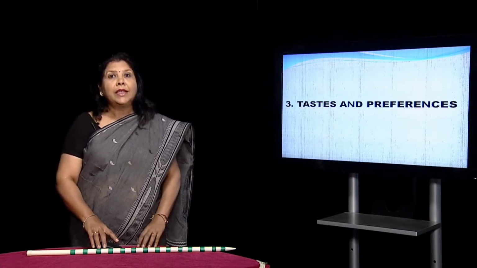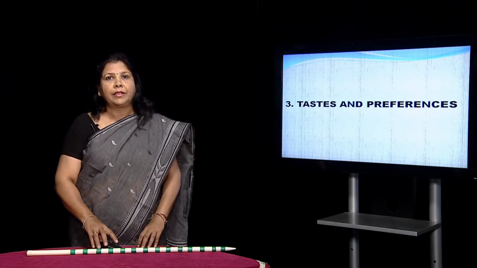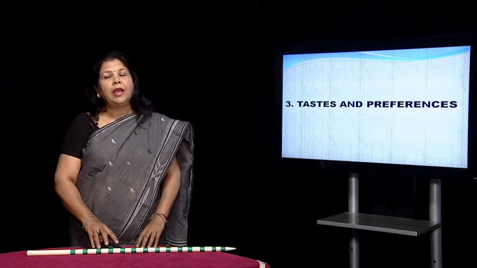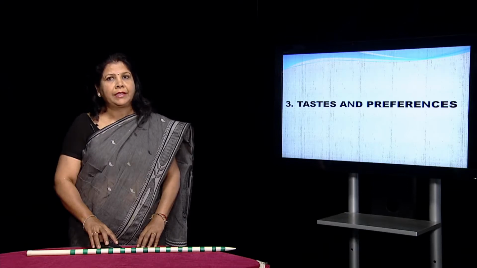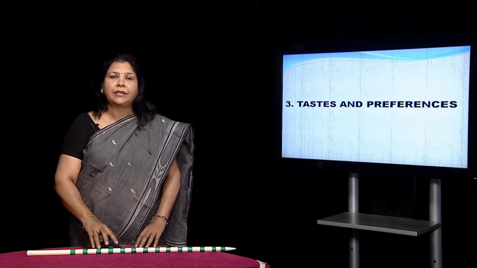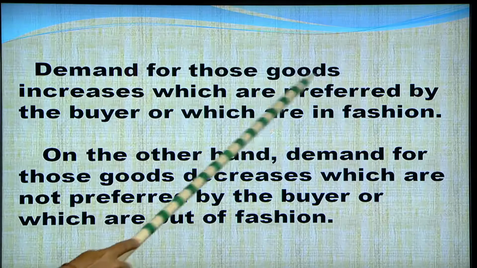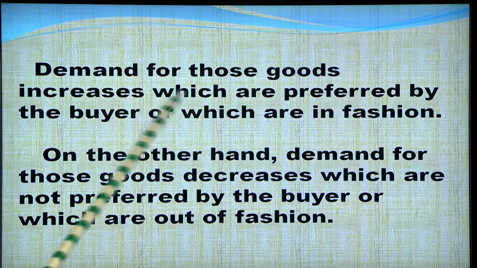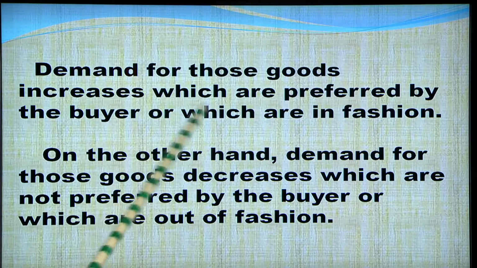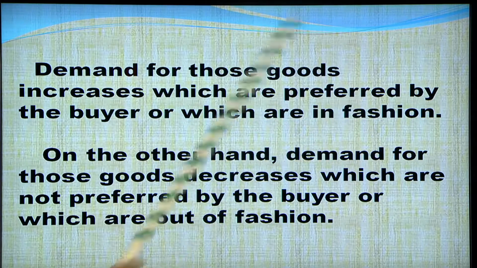This brings us to the third factor, which is tastes and preferences. Now, how do tastes and preferences, and as previously said, even fashion, affect the demand for a commodity? Demand for those goods increases which are preferred by the buyer or which are in fashion.